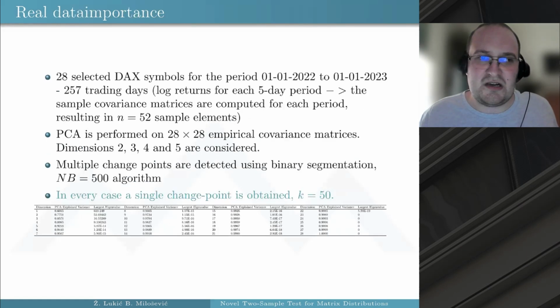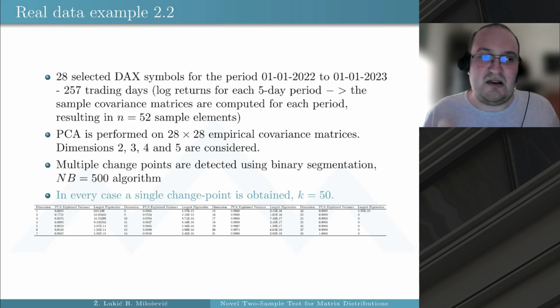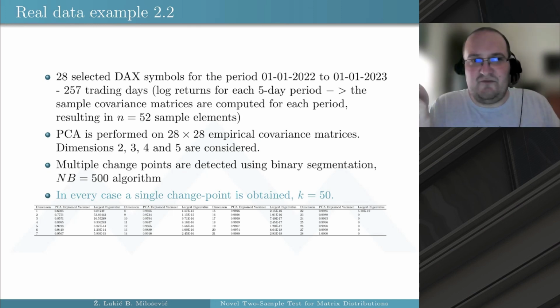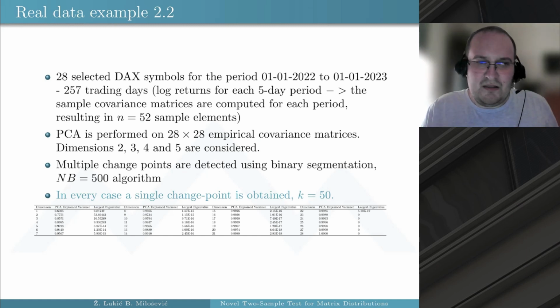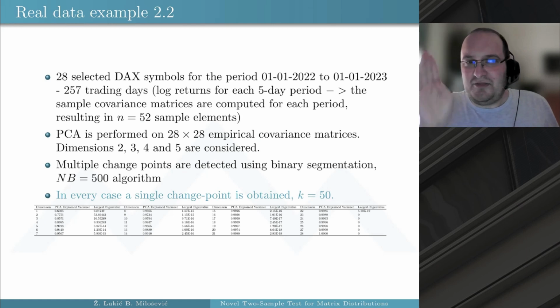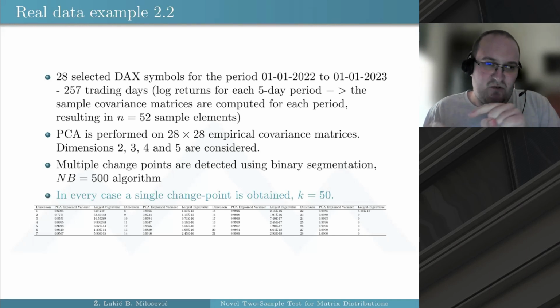And the fourth question was, how did we use this? Basically, you have this 28 times 28 sample matrix, and you can compute its eigenvalues. And you just use the cutoff. You saw the eigenvalues, and you just cut off the second largest, the third largest, fourth, and fifth, and you have those diagonal matrices which have these eigenvalues on the diagonal.